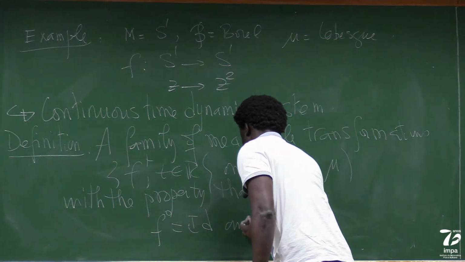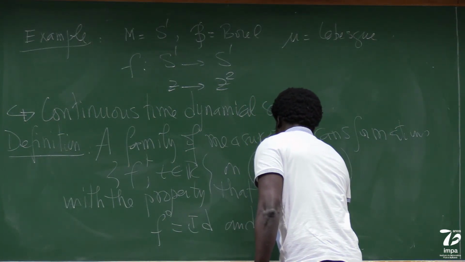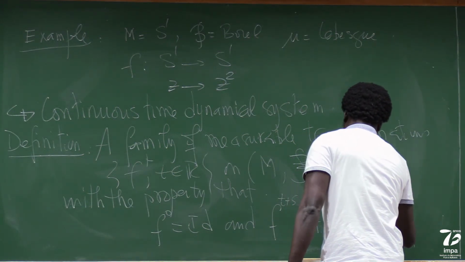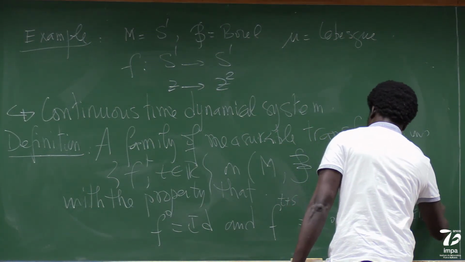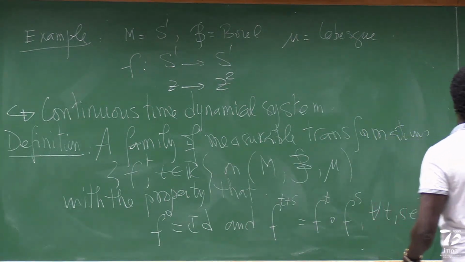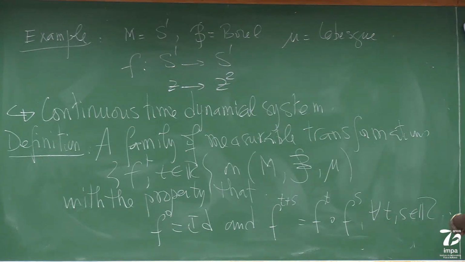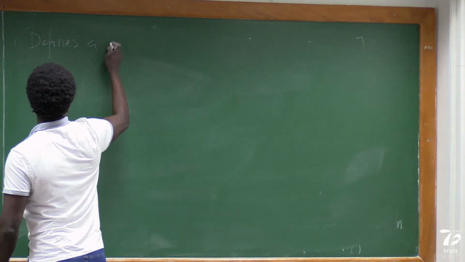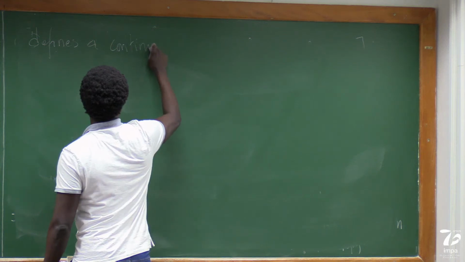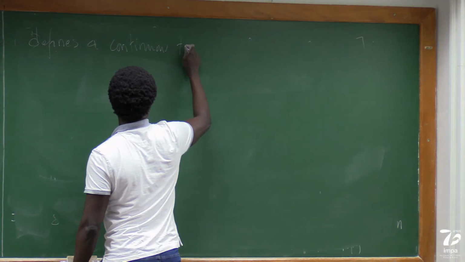And f_{t+s} equals f_t composed with f_s for t, s in R. So it has this composition rule. So any family that satisfies this defines a continuous time dynamical system.